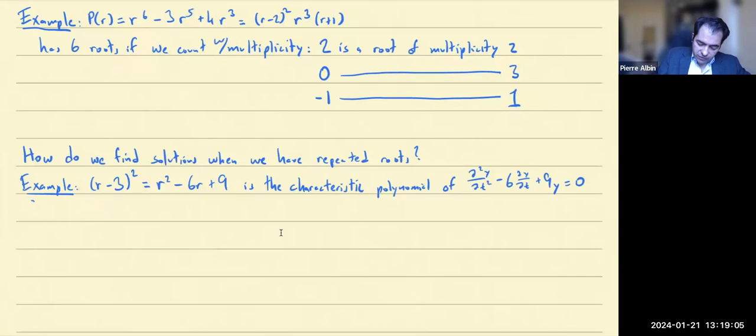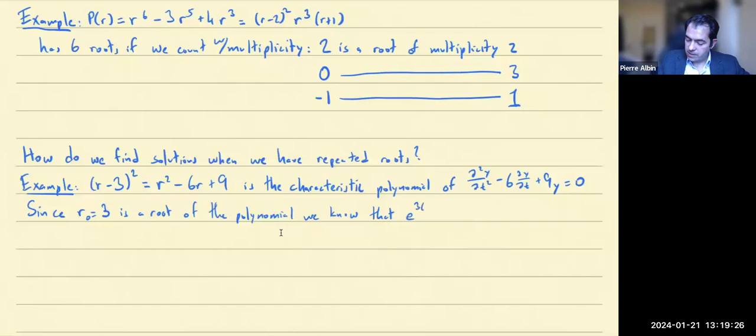Now since r naught equal to 3 is a root of the polynomial, we know that e to the 3t is a solution of the ODE. But it's a second order ordinary differential equation. We know we need 2 linearly independent solutions to find the general solution. So how can we find another?